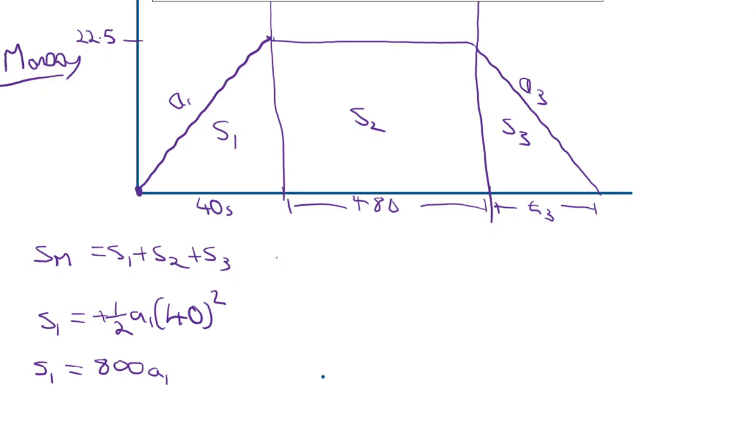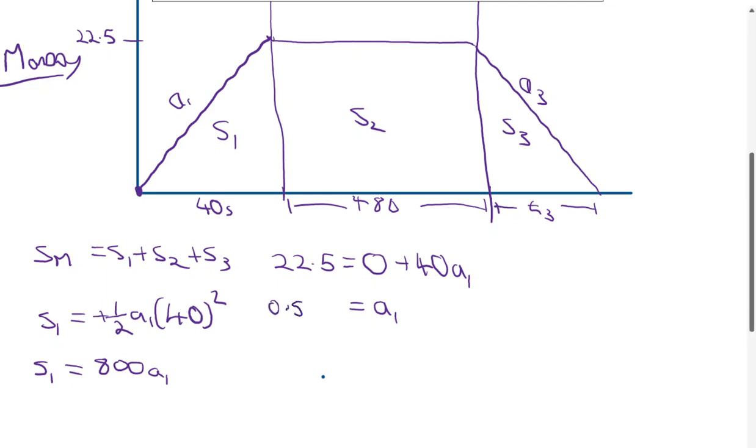We're here now. So we know 22.5 equals U plus AT, so 0 plus 40 A1. So that means A1 equals 22.5 over 40, which is 0.5625, which is nice.